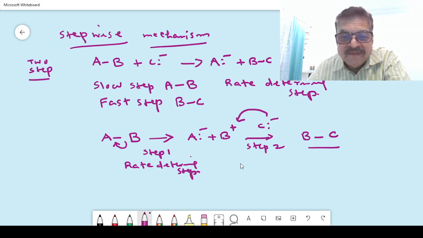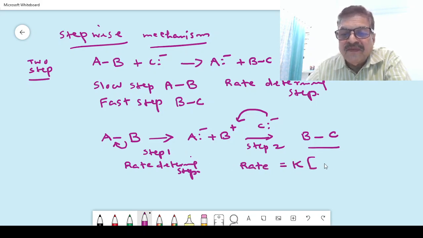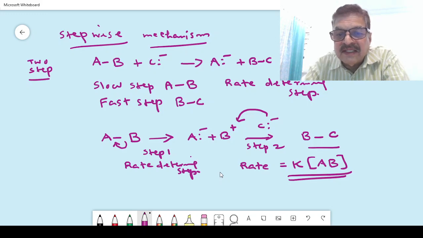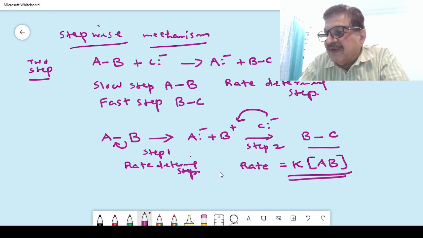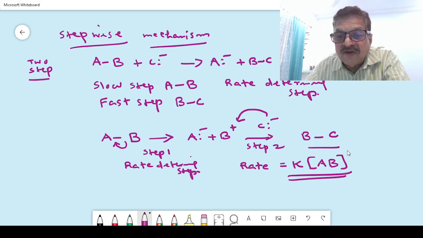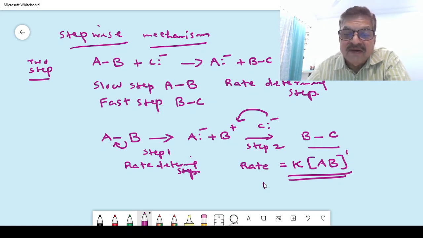The rate of the reaction will be the rate constant k into [AB], because this is the concentration of the reactant at the rate determining step, the slow step. So k[AB] means [AB] raised to the power 1. Therefore, this is first order kinetics.